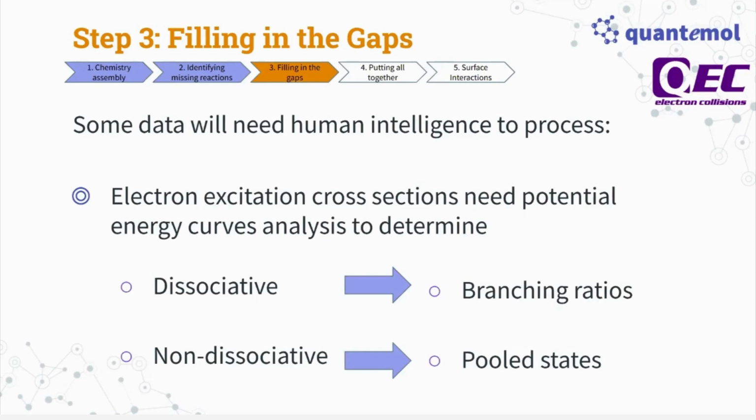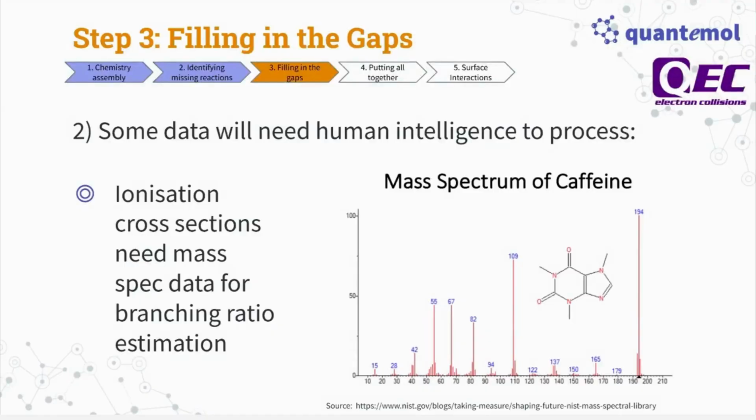Your excited molecule will either be non-dissociative, in which case you can include it explicitly in your chemistry set, or you can assemble them in pooled states, which is often the case in plasma chemistry, so you have fewer species with limited information. But for the very critical dissociative process, we need to estimate branching ratios. I'll get back to this in a couple of slides.